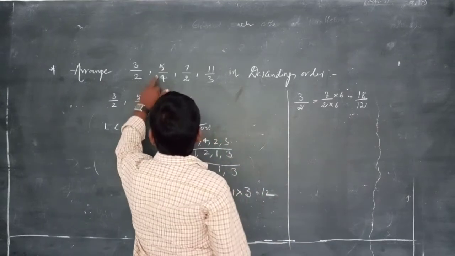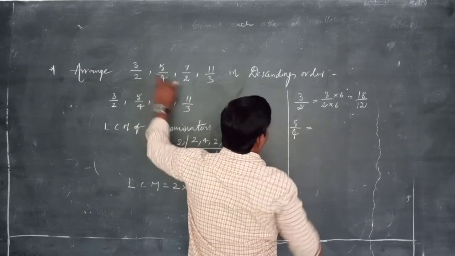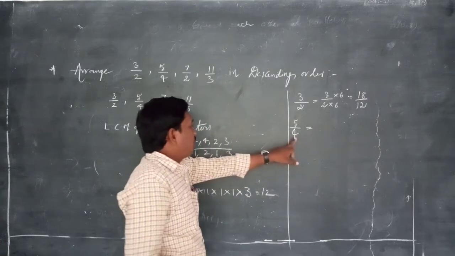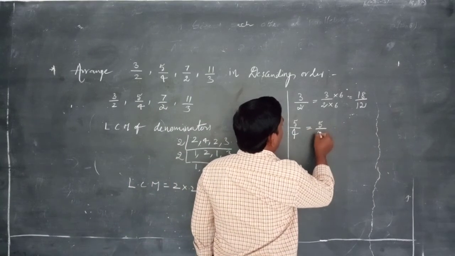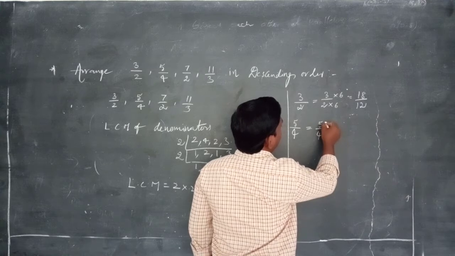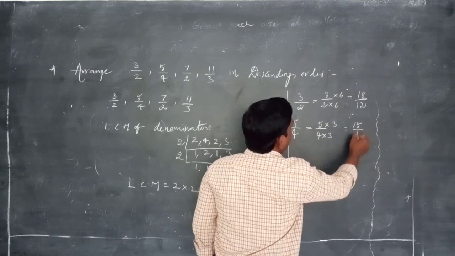Next fraction, 5 by 4. If 4 becomes 12, 4 should be multiplied by 3 as well as the numerator. 5 3s are 15 by 12.